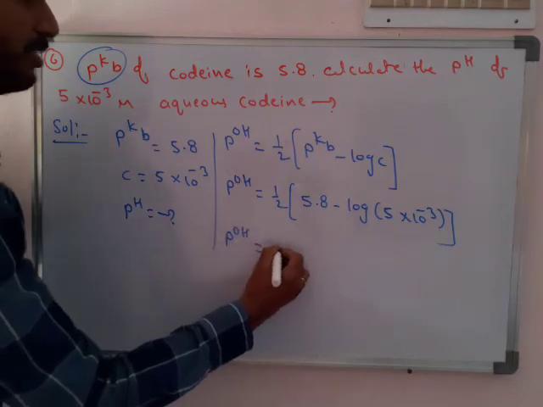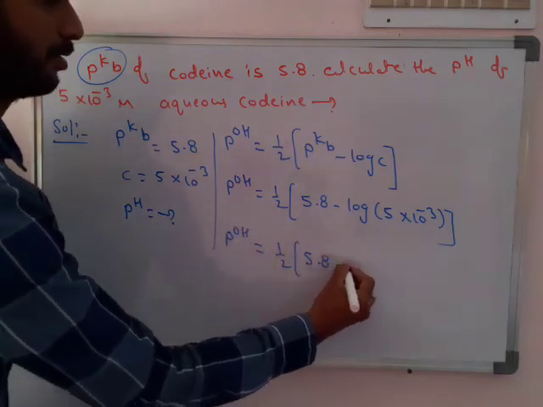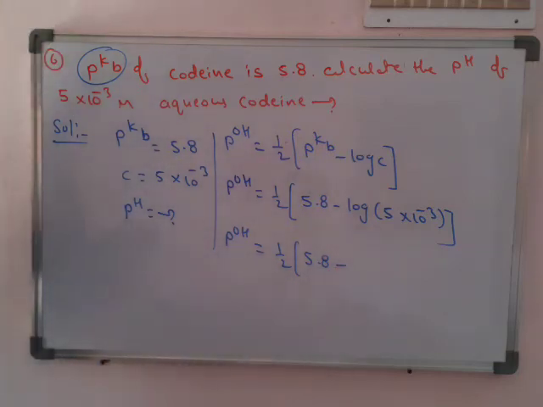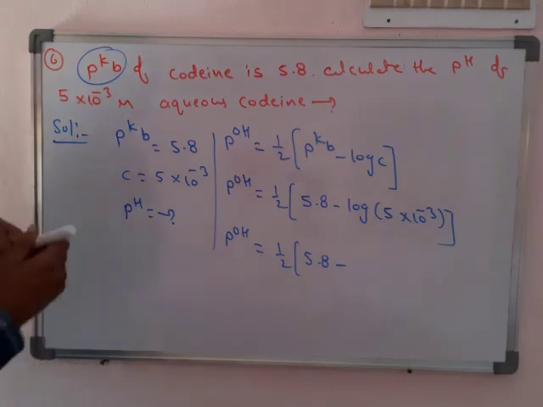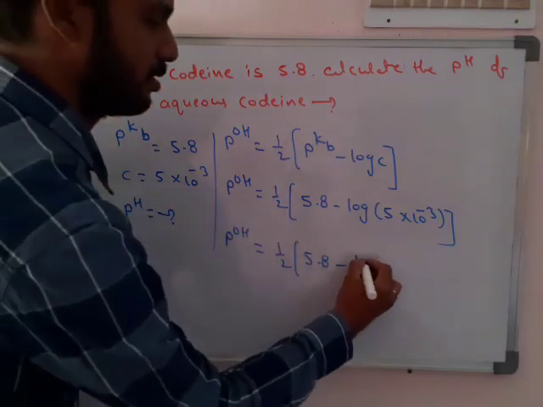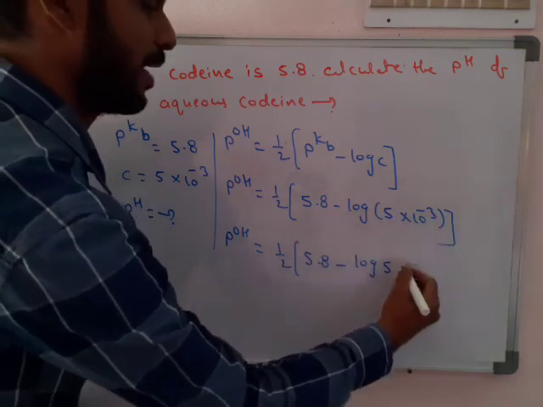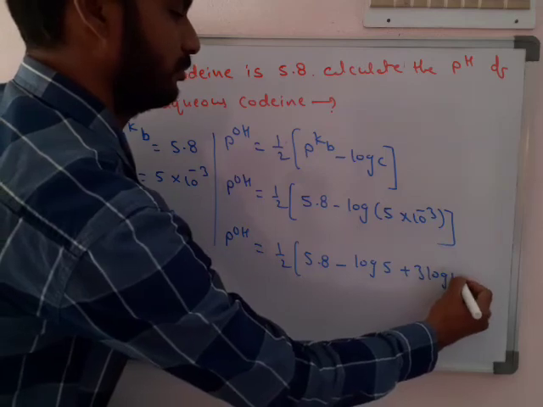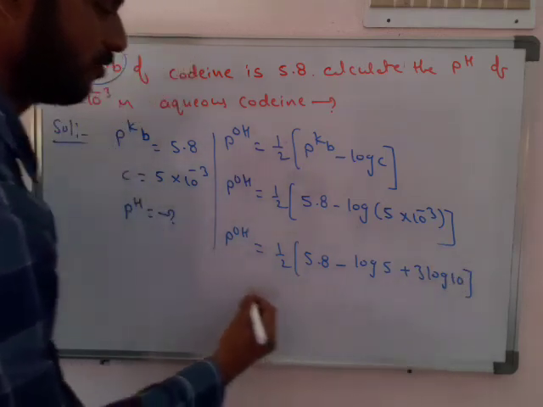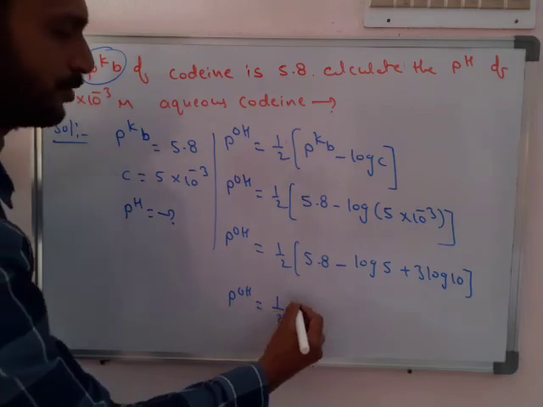So the pOH is equal to half. Okay, so log 5 becomes minus log 5. This minus log 10 power minus 3 becomes plus 3 log 10. We know log 10 value is 1.